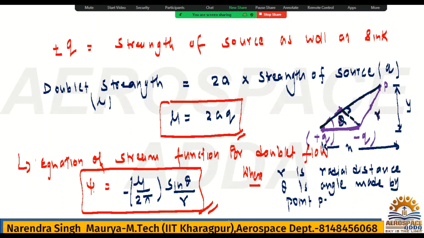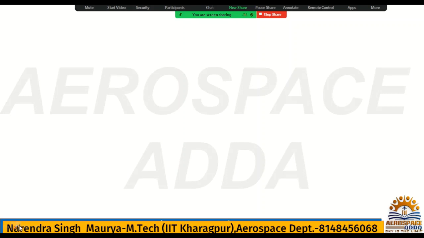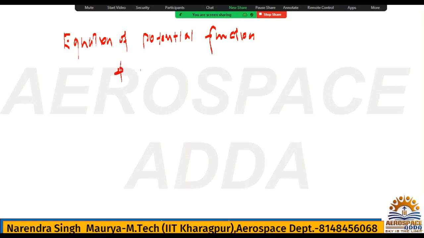So now the stream function psi will be minus mu upon 2 pi sin theta by r. All right. Similarly, you can write the equation of the potential function. What is the phi? Equation of potential function for doublet flow.